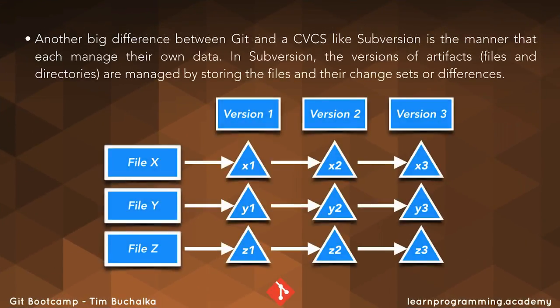So another big difference between Git and a centralized version control system like, for example, Subversion, is the manner that each manage their own data. So in Subversion, for example, the versions of artifacts, and remember that artifacts is just another fancy term for files and directories, are managed by storing the files and their change sets or the differences.